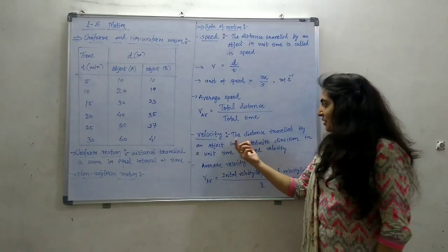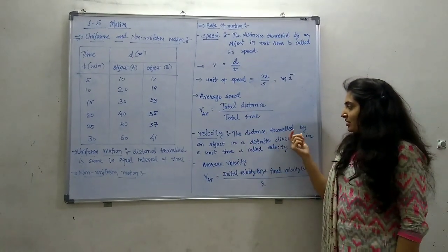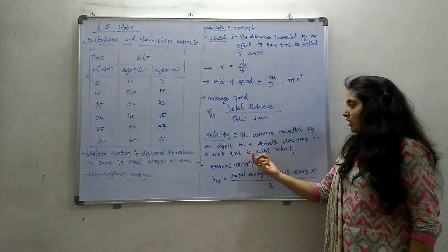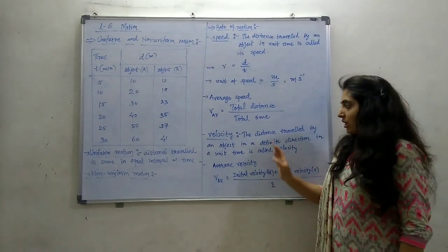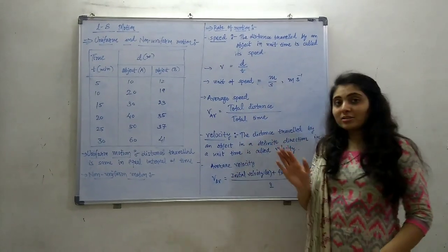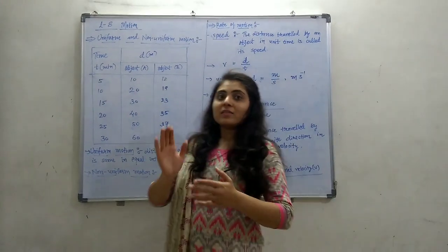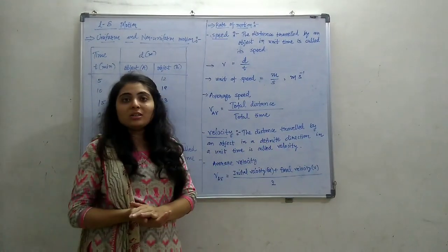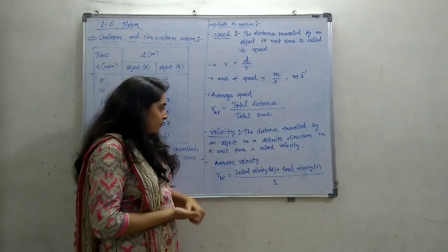Velocity can be defined as the distance traveled by an object in a definite direction in unit time. Okay. In speed, we have not considered its direction. But if we are considering a definite direction, then this is very important. Then it is called velocity.